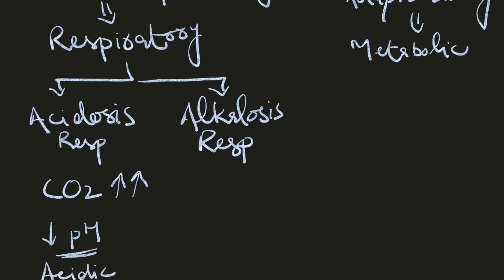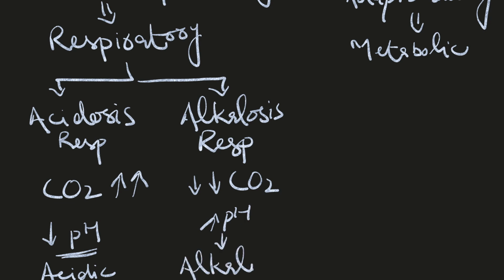On the other hand, any decrease in CO2 will make the pH go up and it will make the pH more alkaline. I told you that CO2 is acid. What happens if you remove the acid from your blood? The pH is going to be higher than 7.45.